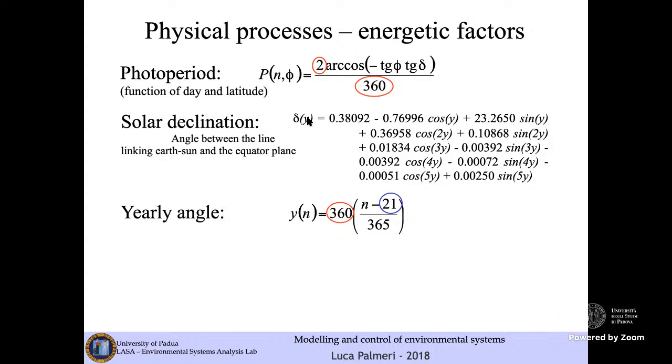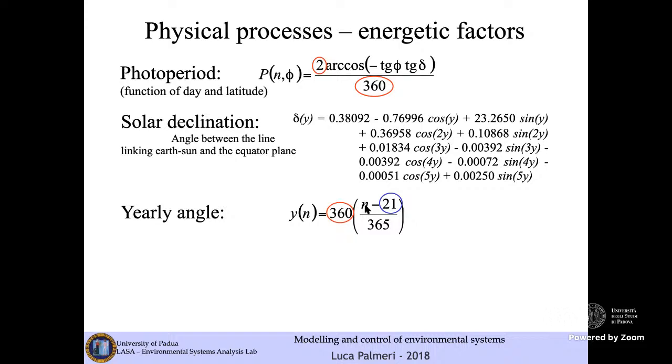So, sorry, depending on the yearly angle, epsilon is a function of sine and cosine of the yearly angle, and the yearly angle instead may be made dependent on the day of the year. Saying that there are 365 days, we have these relationships that link the yearly angle to the day of the year.